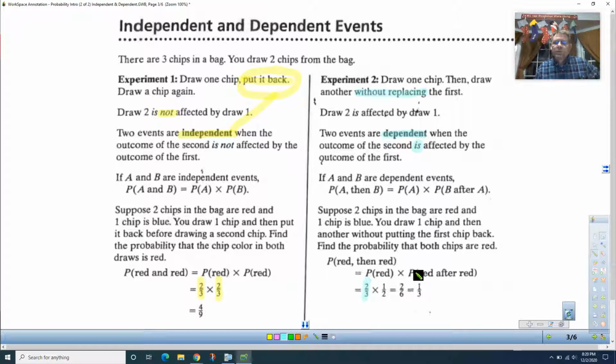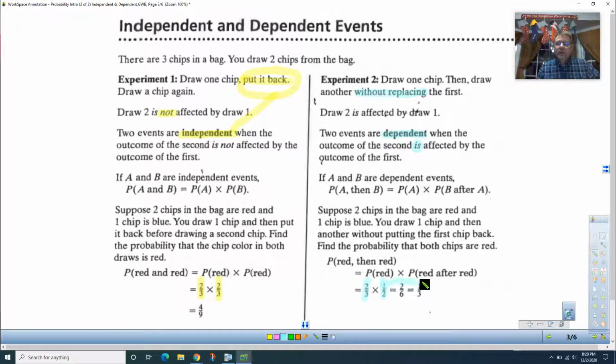What's the probability of getting another red? The only way I can get 2 reds is if I got a red the first time, so I know the first time was a red. So I have 1 less red, and I have 1 less chip in the bag too. So I have 1 out of 2 chips left in the bag. So now that's a 1 out of 2.